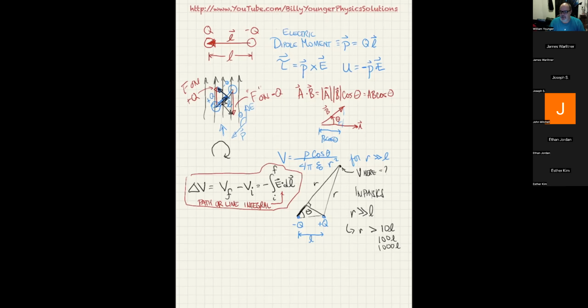The other thing that I told you is you must choose either the limits of integration or the differential line element to show the direction that you're integrating.